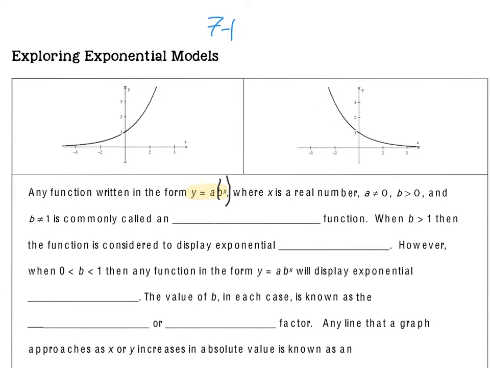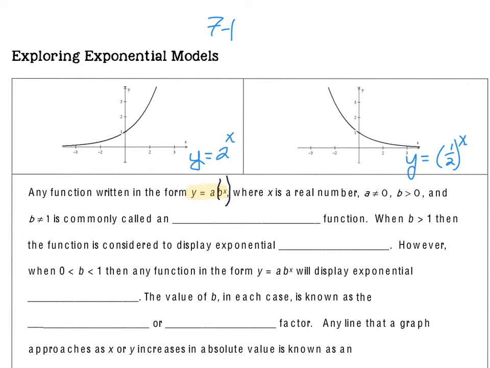So this particular graph happens to be y equals 2 to the x, whereas this particular graph is y equals 1/2 to the x.